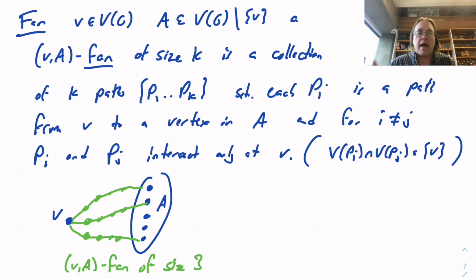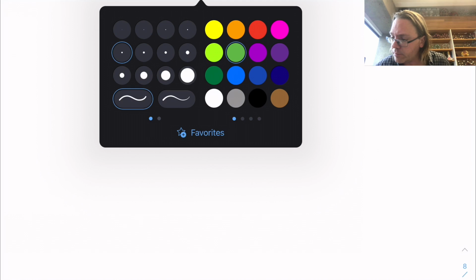Here, I'm just going to lean on those and prove an easy lemma that grants us the presence of a suitable fan in a well-connected graph, mainly because this is the setting in which we want to use it. Anyway, so this is a V,A fan. What we're going to be doing is proving that these fans exist under some reasonably sensible assumptions.